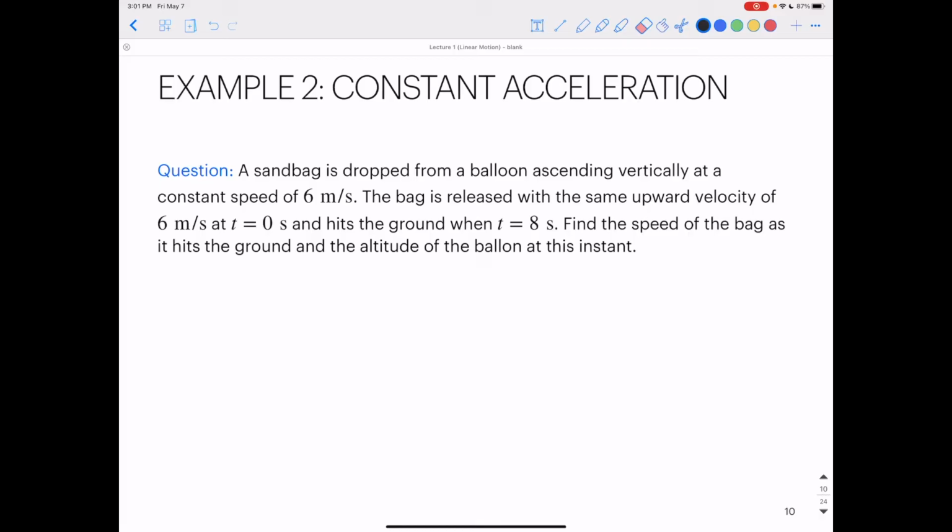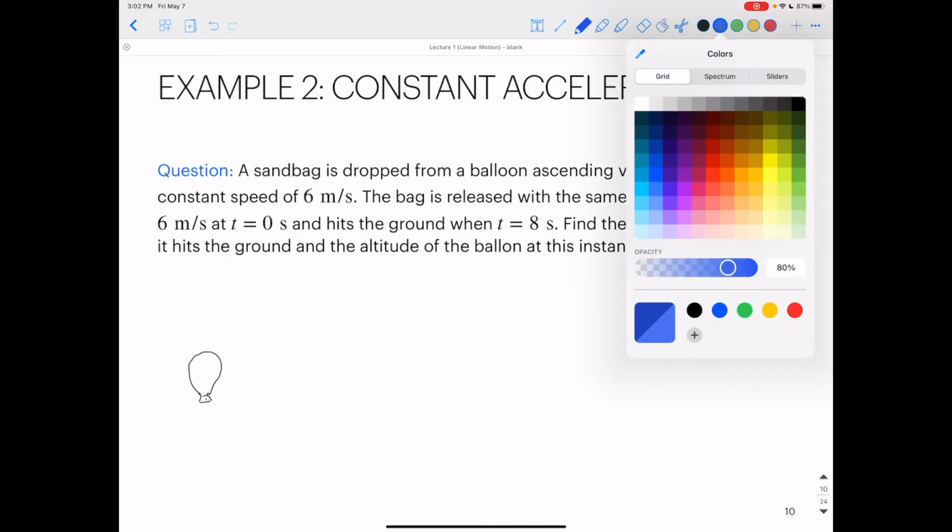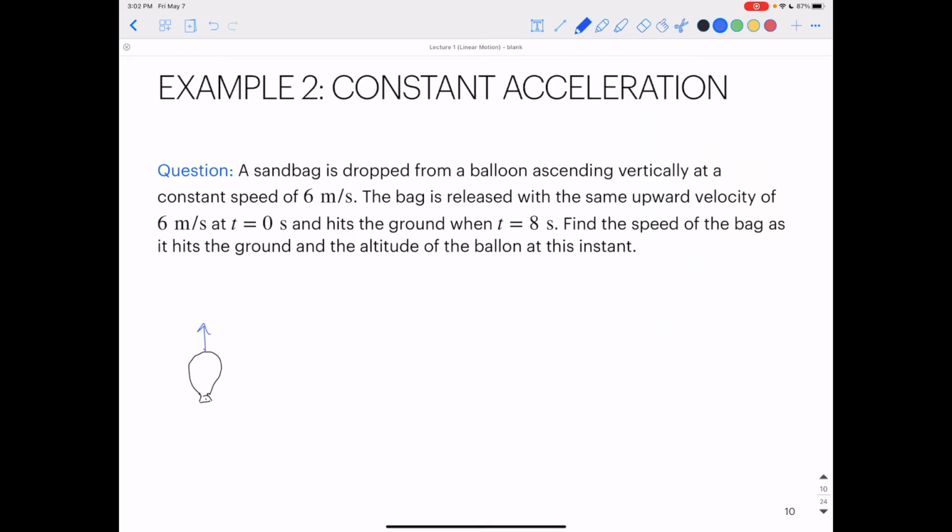So there's a lot going on with this problem, so maybe it'll be a little bit easier if we start by drawing a quick picture of what's happening. Let's say we have our balloon, and it is traveling upwards at 6 meters per second. This is at time t equal to 0.